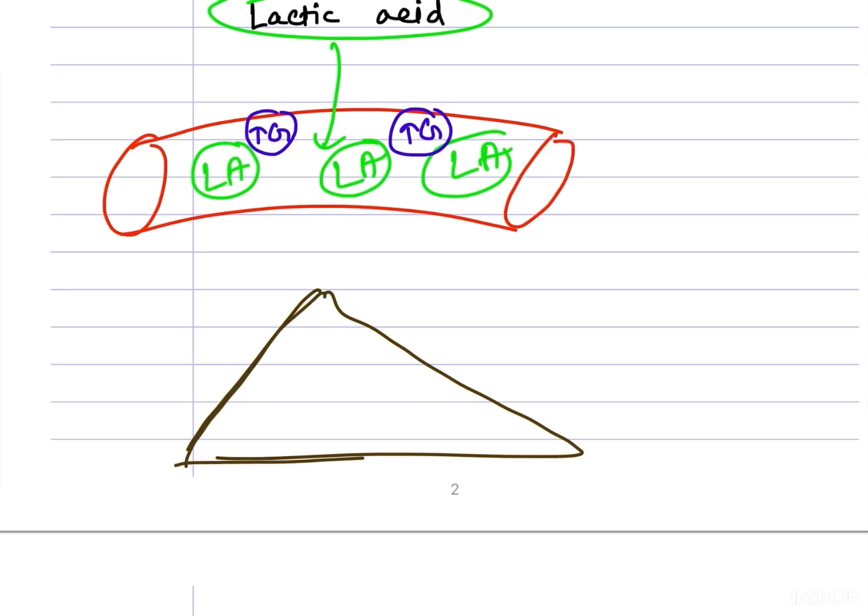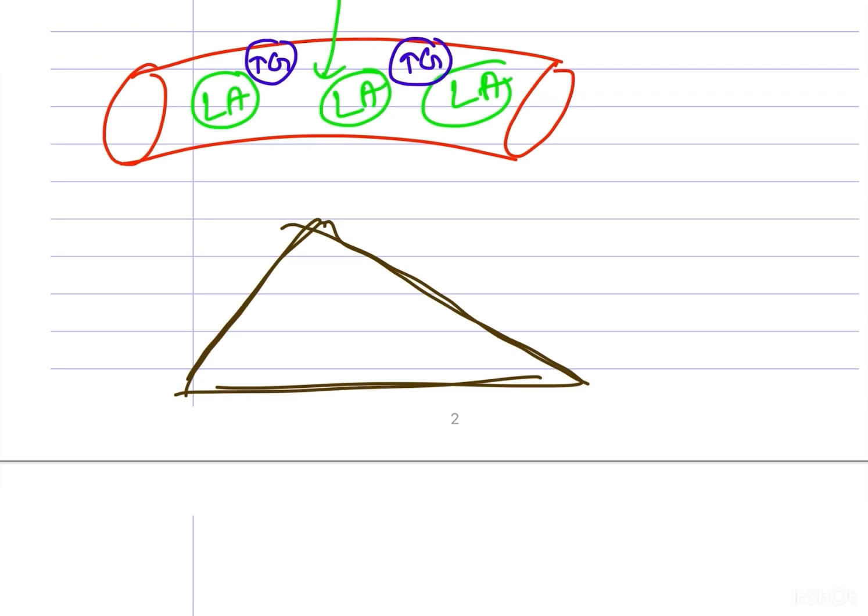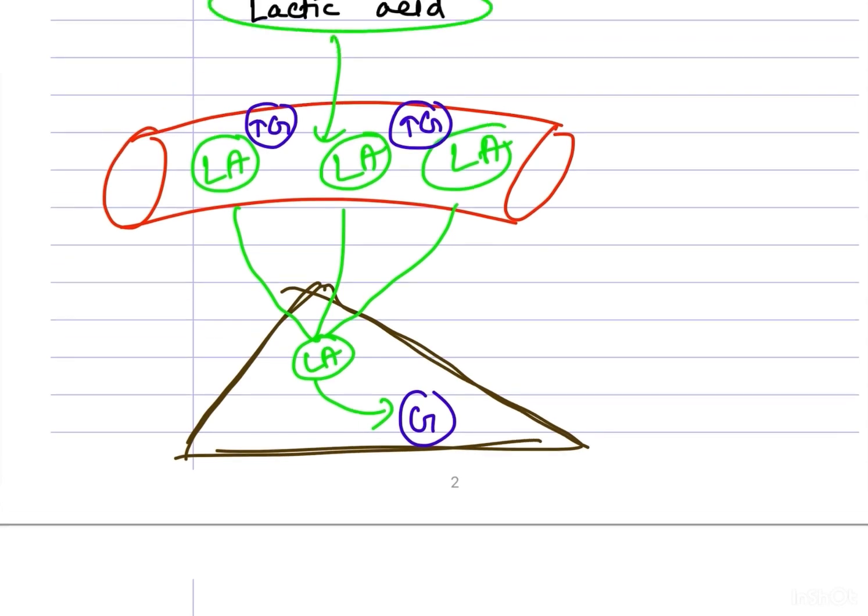This is our liver. Now this lactic acid will enter into the liver, and in the liver this lactic acid will be converted into glucose, because our brain is assuming that the body is not having a sufficient amount of glucose. This glucose will enter the blood circulation, where we already have an excess amount of glucose, which will increase the glucose concentration further.